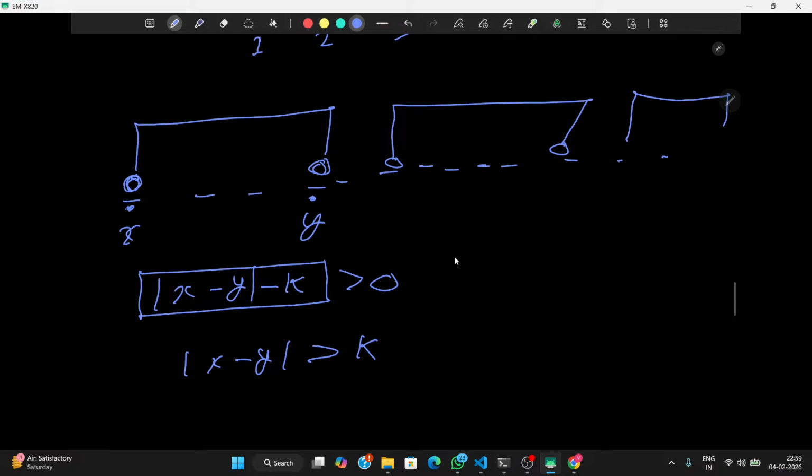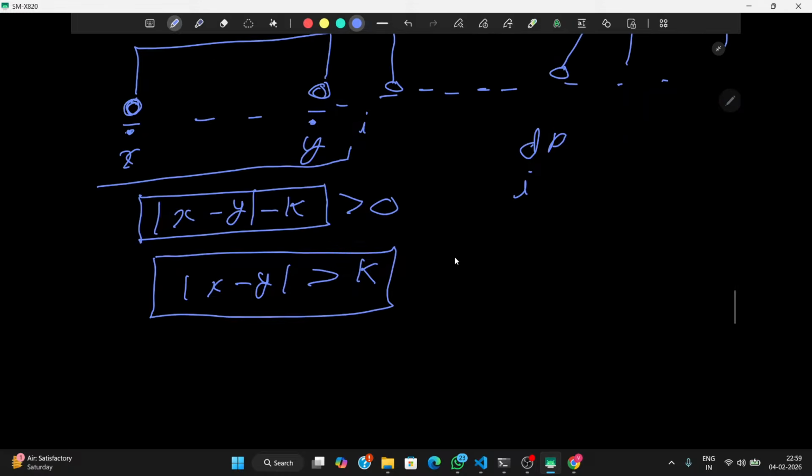This feels like DP, where for every index I, we will calculate, for the prefix array I, how many maximum disjoint subarrays we can make such that their difference in the endpoints is greater than K.